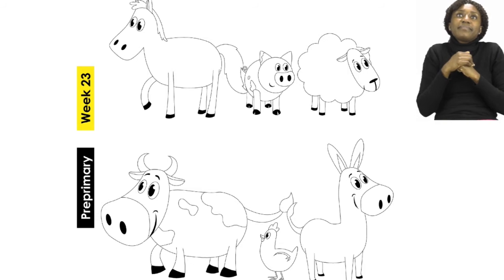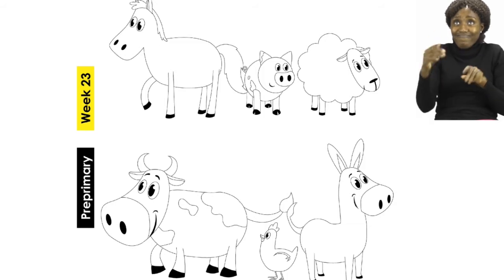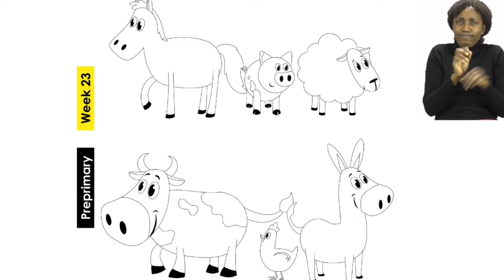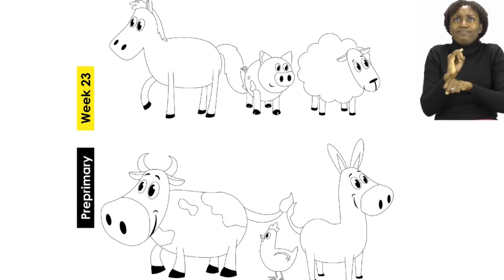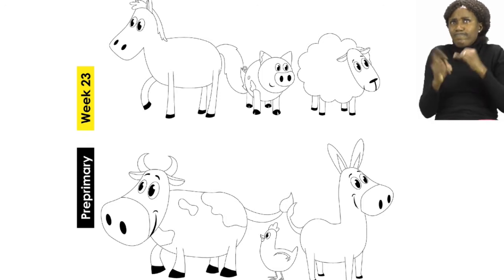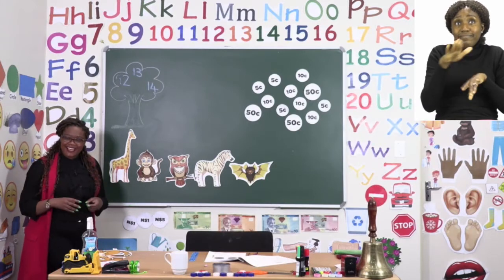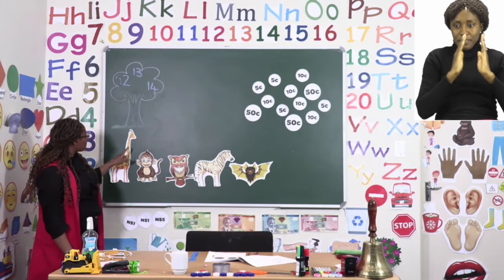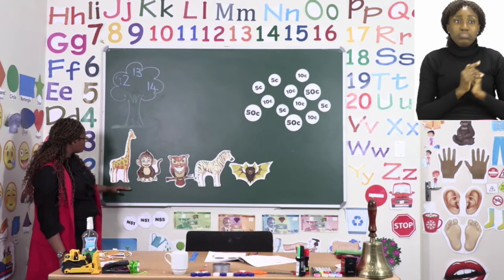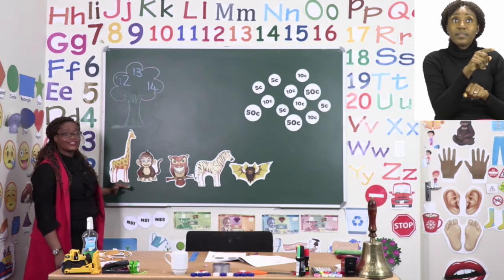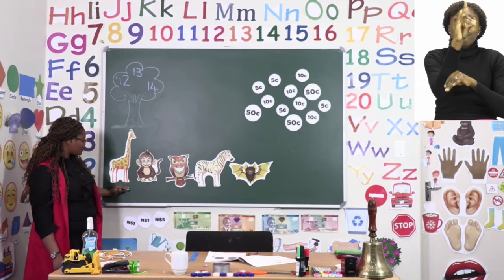So, instead of us coloring right now, I'm going to leave that up to you. But I want to first explain what first means and last. So let's take a look at the board. Now on the board, I have some animals who are also standing in line. The one that we can see, the one that I'm holding, this one is called a giraffe.